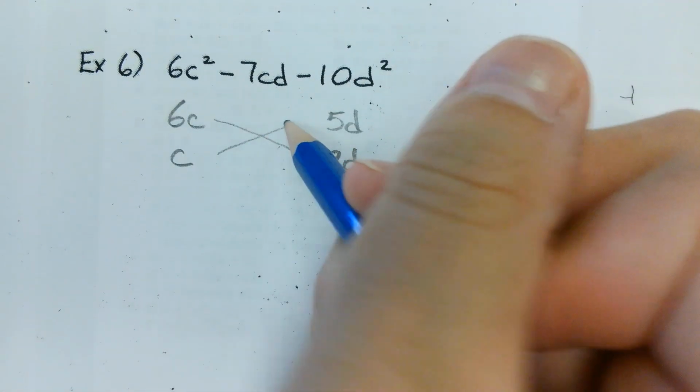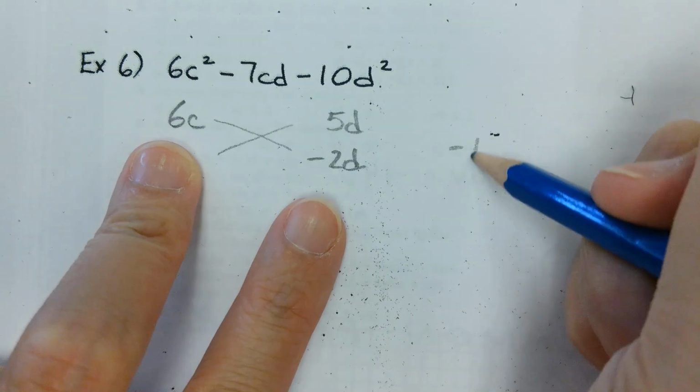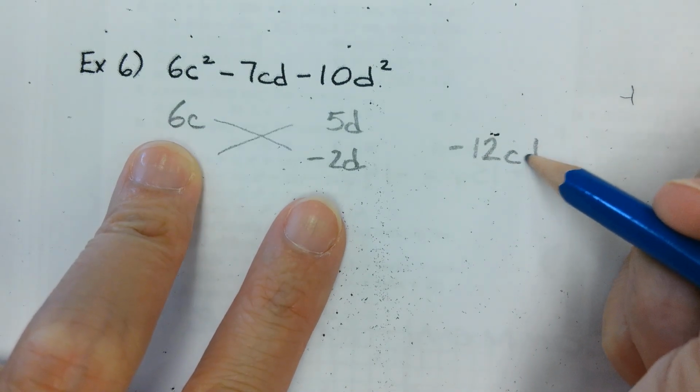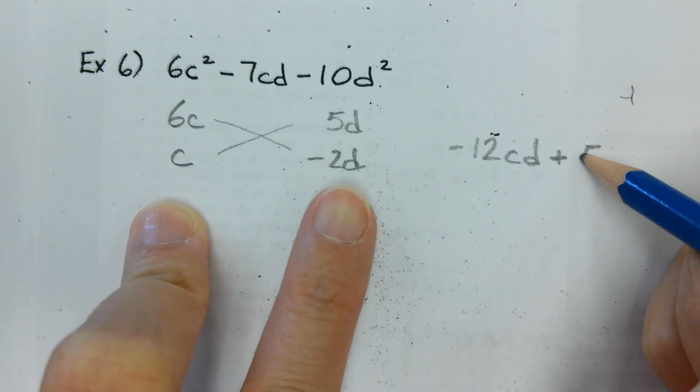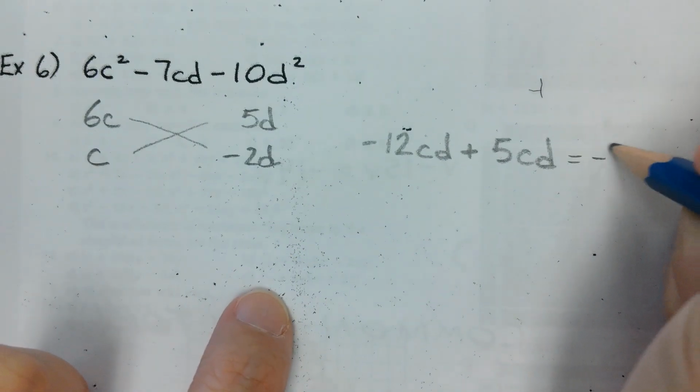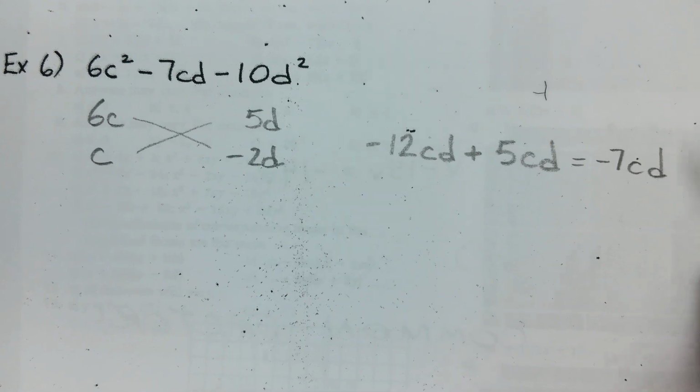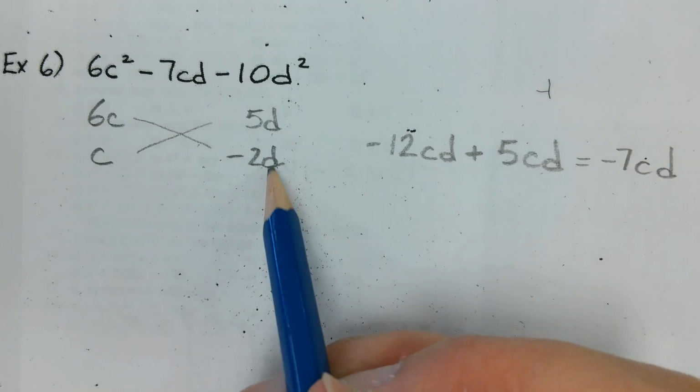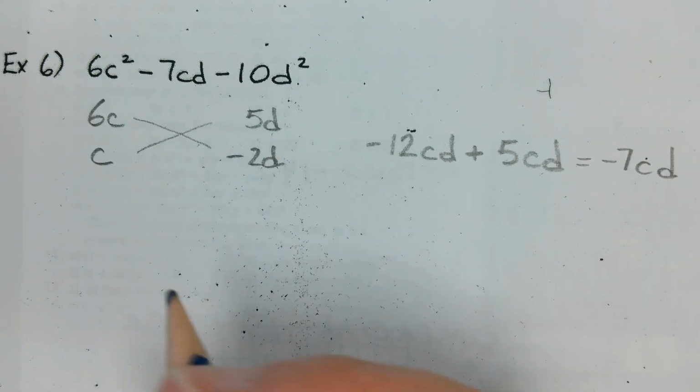So when you cross multiply, you get negative 12cd plus 5cd, which gives you the negative 7cd. The trick right here is the d. You have to include the d because it's d squared.